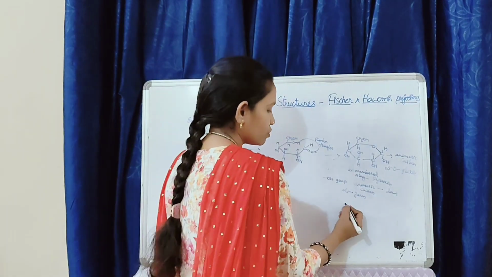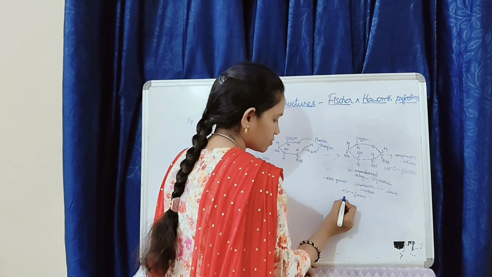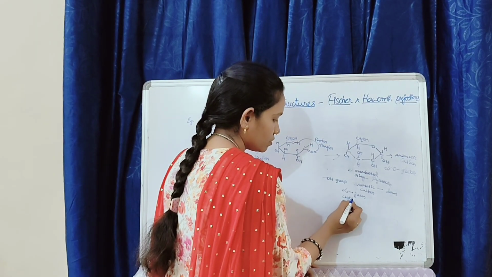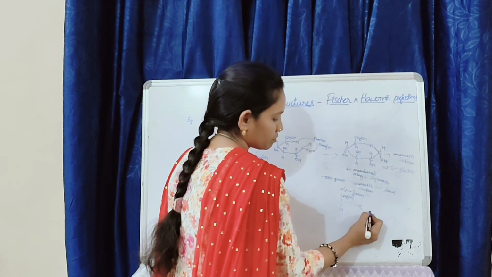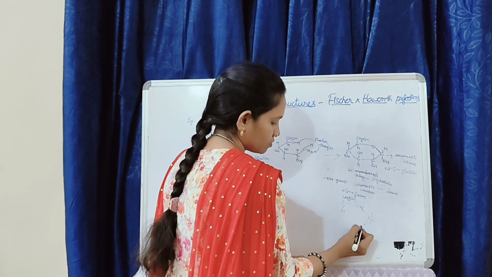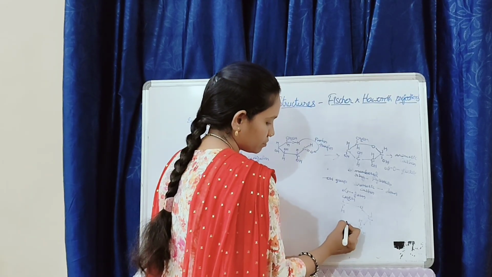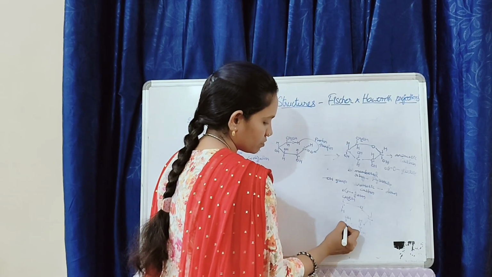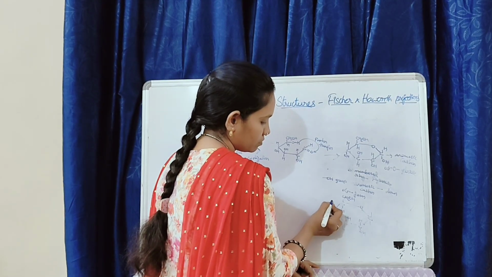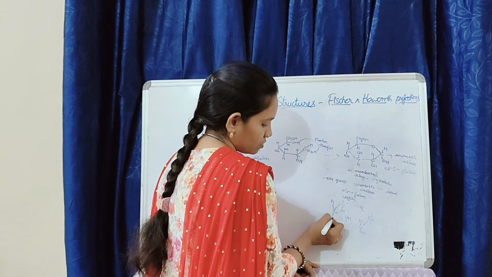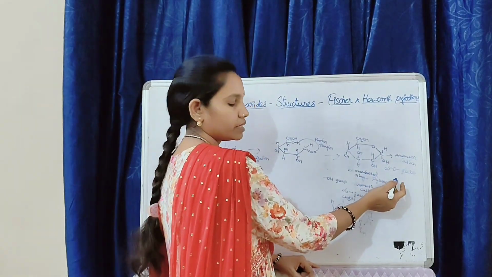If there is a change of position, here if the OH is down, we call it alpha-D-glucose.